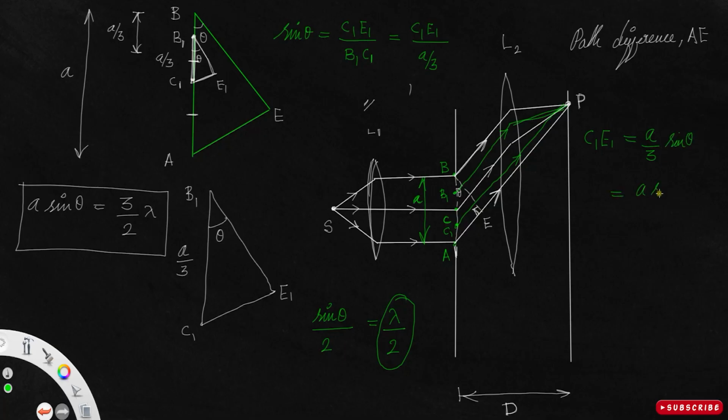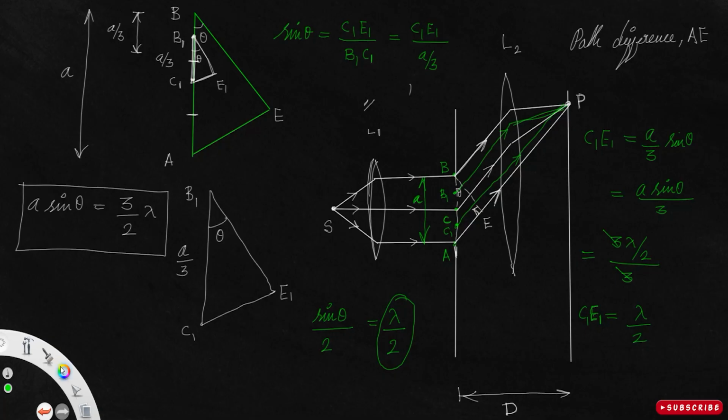This can be written as A sin theta divided by 3. We took A sin theta as 3 by 2 lambda, so 3 lambda by 2 divided by 3. This 3 and 3 will get cancelled. That will be lambda by 2. So we have C1 E1 is equal to lambda by 2.